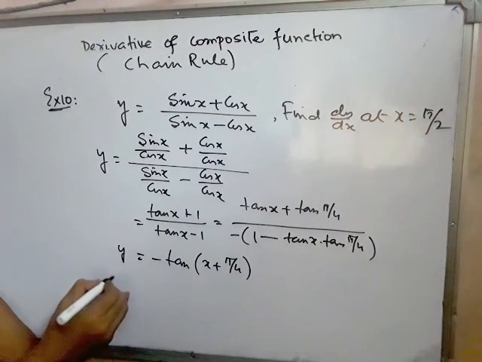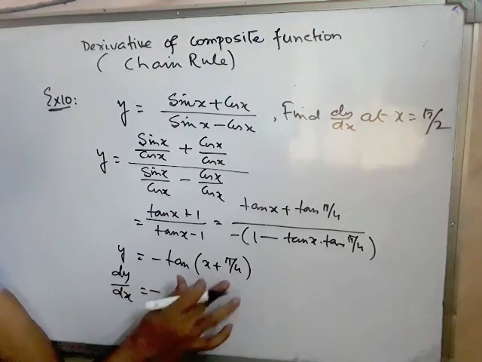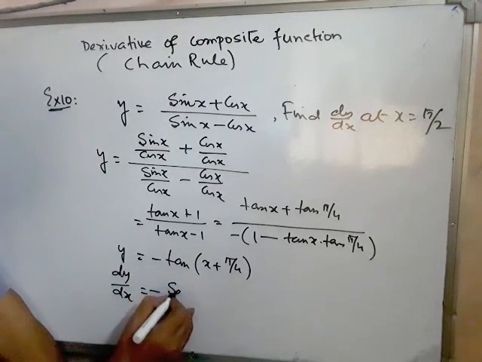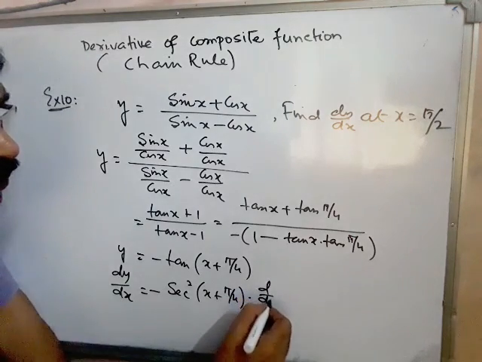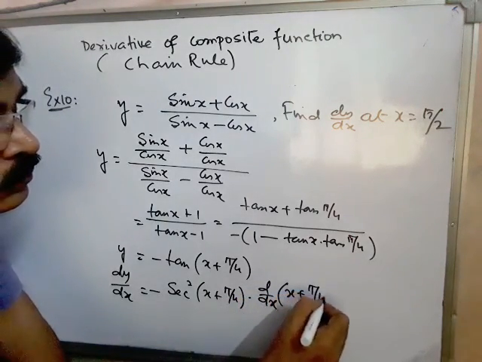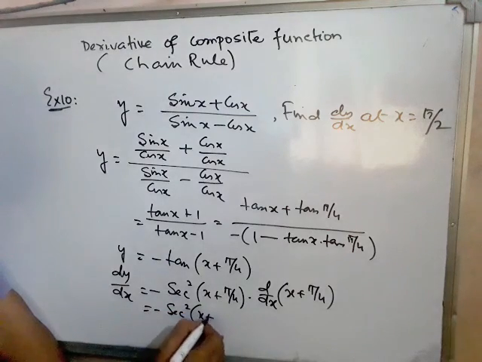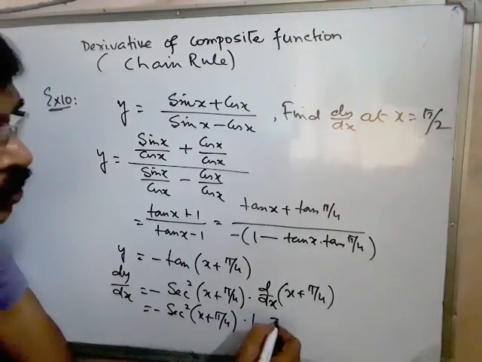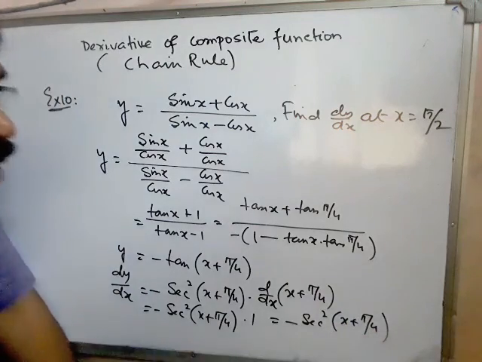So therefore, apply chain rule, dy by dx, derivative of tan u is sec square u. So therefore sec square (x plus pi by 4) into derivative of x plus pi by 4, which is 1.